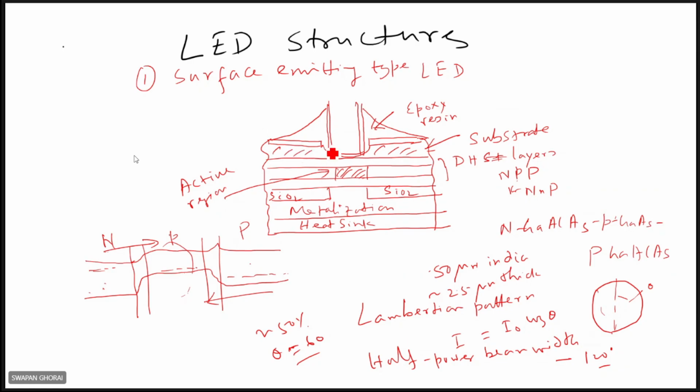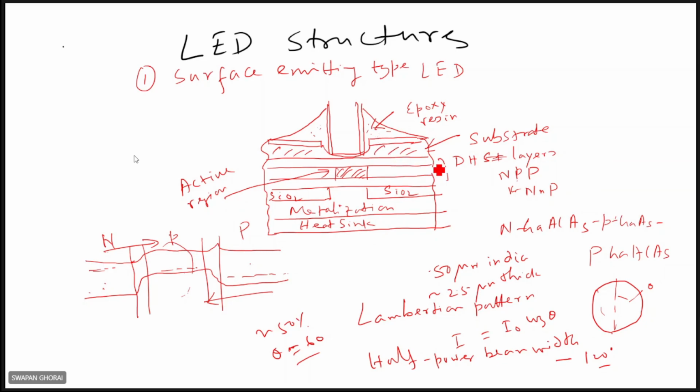In the substrate, there is a well through which a portion of the fiber is inserted, so that the maximum number of photons can be collected through this fiber, and coupling will be easy from the source into the fiber. So a small portion of the fiber is inserted through this substrate, and it is fixed by epoxy materials.